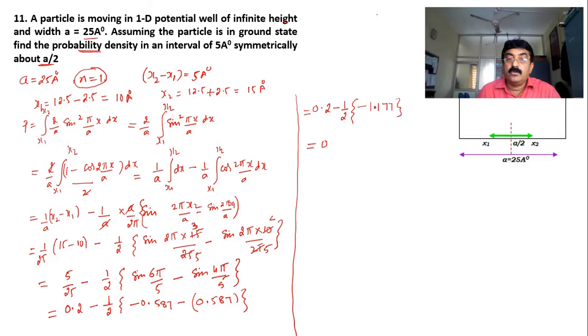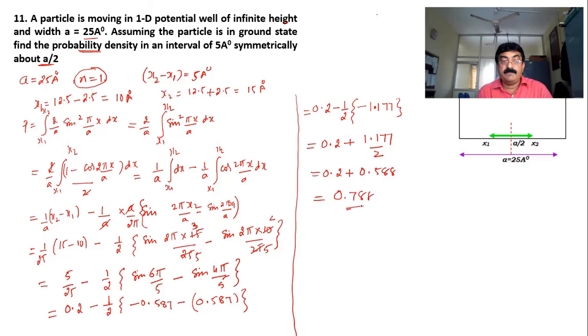That is equal to 0.2 plus 1.177 divided by 2, which is 0.58, so this is equal to 0.2 plus 0.588. So this is nothing but 0.788. Okay, let me check once again.